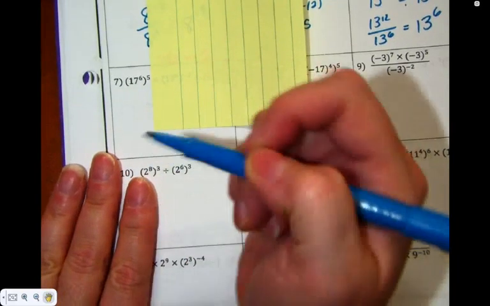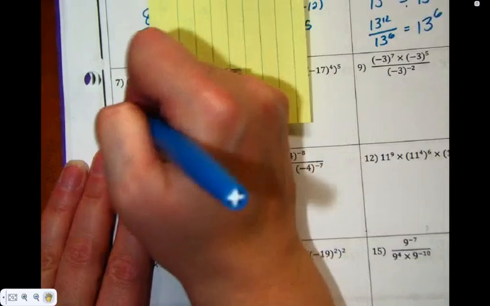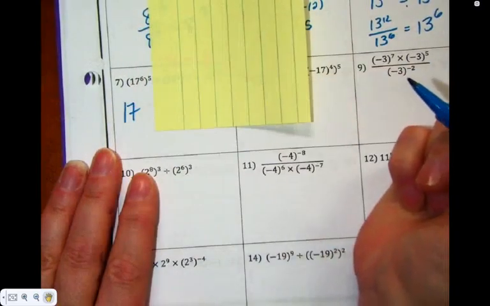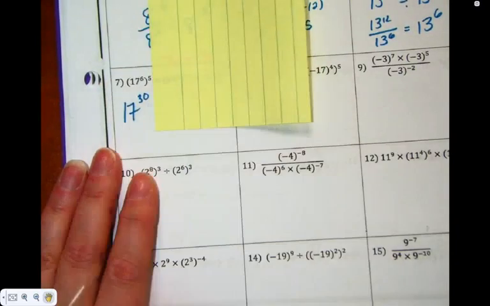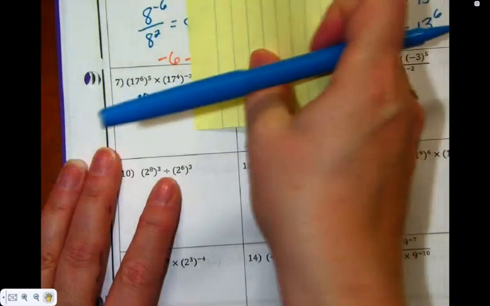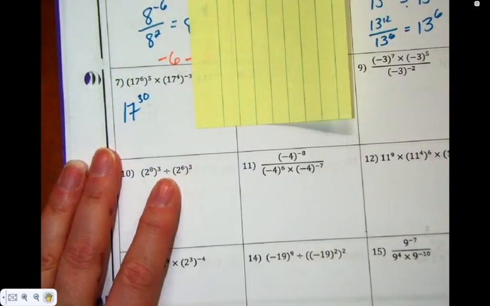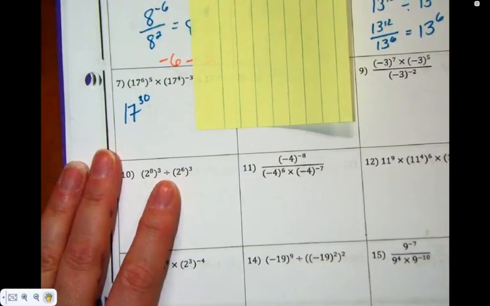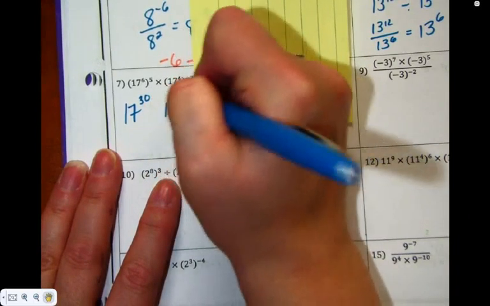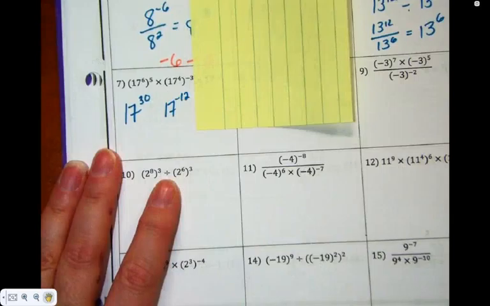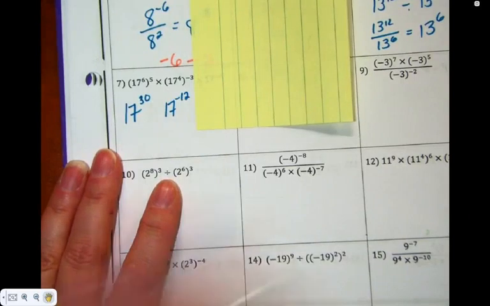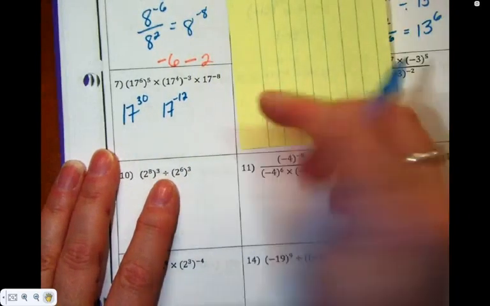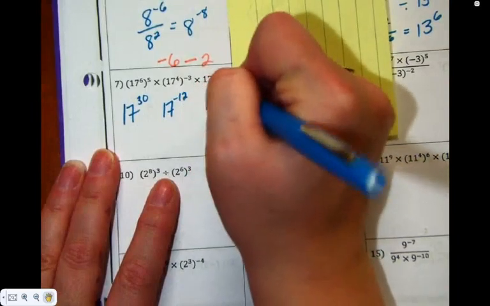What should you have written down for that piece of the question? 17 to the 30. Okay, now just do the second part of the question. I heard somebody say it already, 17 to the negative 12. Then the third piece of the question is just what it is.